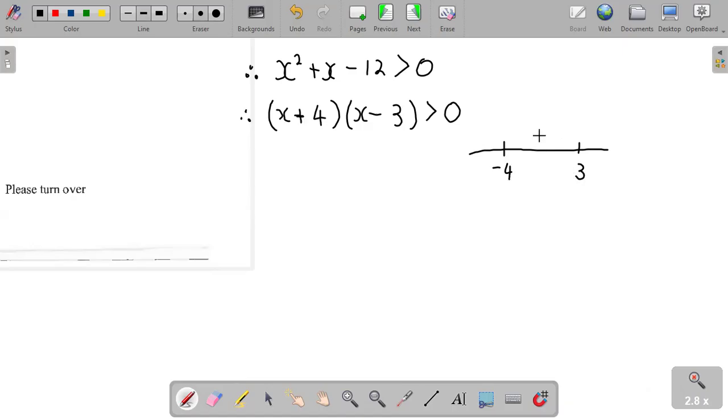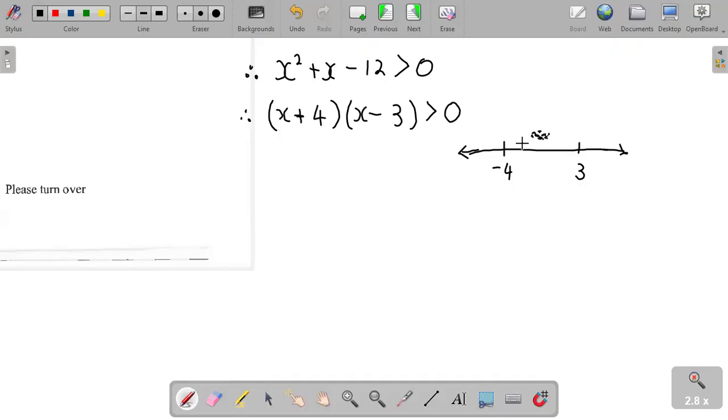So we test the intervals here, okay? So what do we mean by test? We take any number in any interval and we use it to test. Let's take any number between negative 4 and 3. Let's take 0, for example.